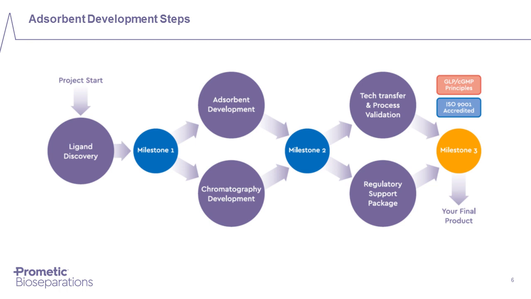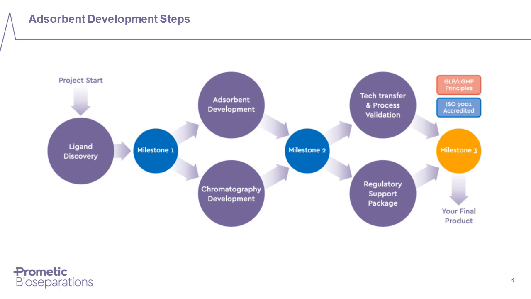Those are done relatively in parallel, and they trigger another milestone upon completion, which then lets us do the tech transfer from the research scale that we do here in Cambridge to our production facility, and also do process validation for making the adsorbent. And at the same time, we work on the regulatory support package and activities. After that, you should have a fully validated adsorbent that can be used in your process.